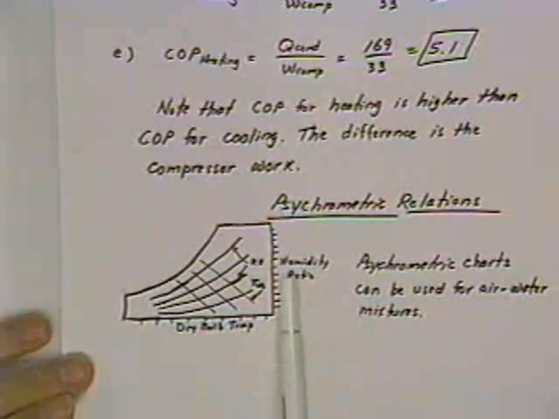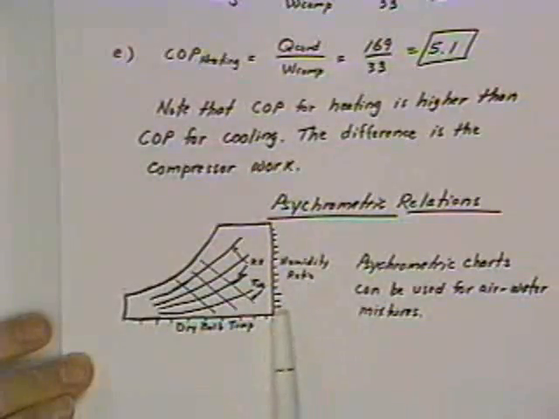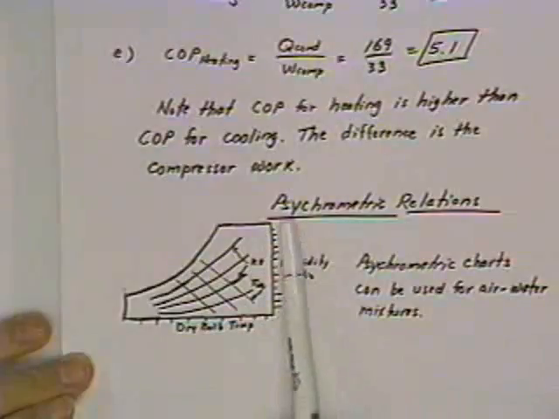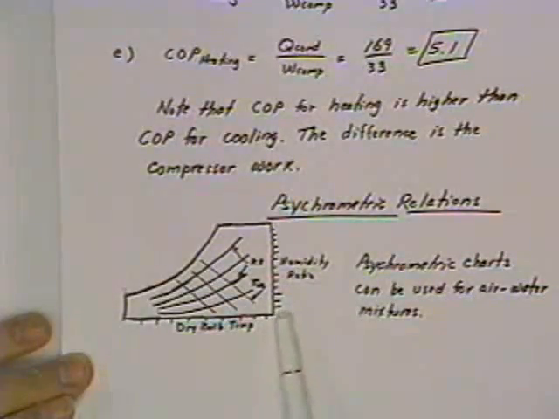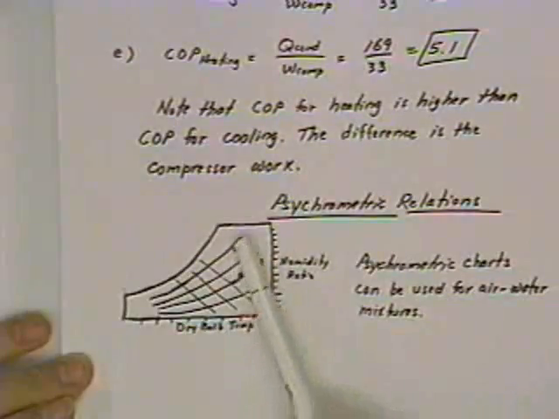Along this axis is the humidity ratio, which in English units is usually grains of moisture per pound of dry air. In the metric system, it's grams of moisture per kilogram of dry air.